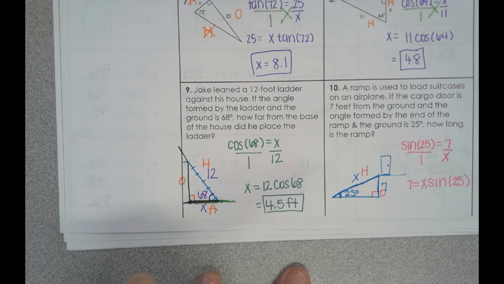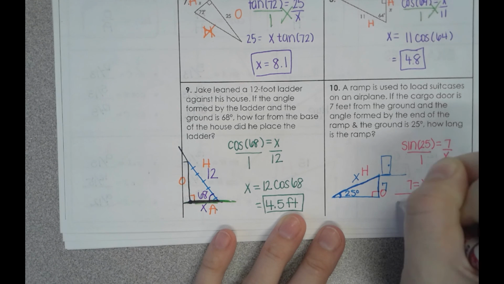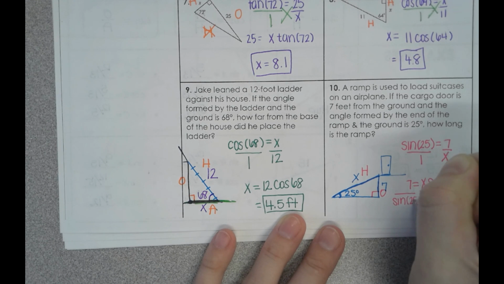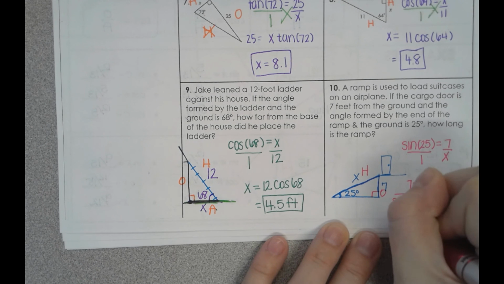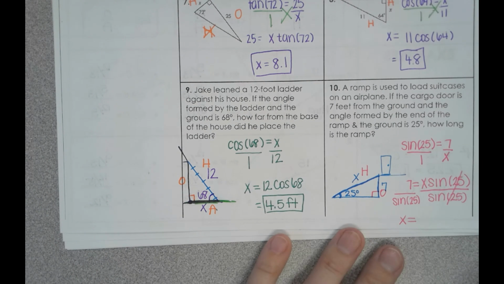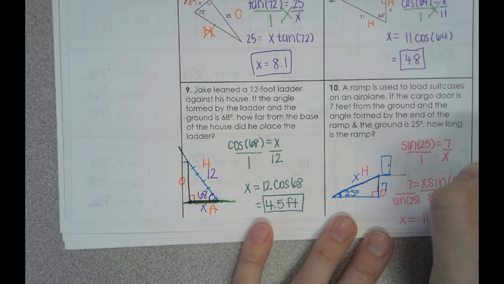But to get X by itself, I need to divide both sides by sine of 25. And you should get 16.6 feet.